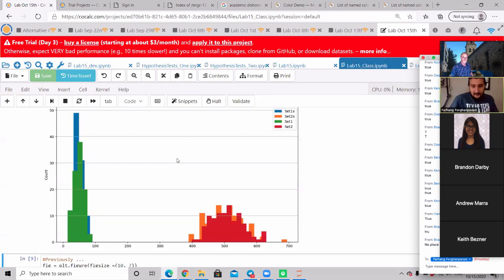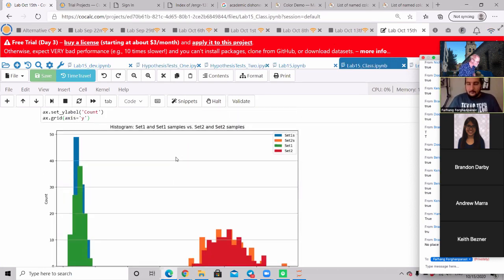So, when I was making these assertions, all four of them, how did you decide to accept or reject them? By looking at the histograms created graphically. We just looked at them. My eyes looked at them.